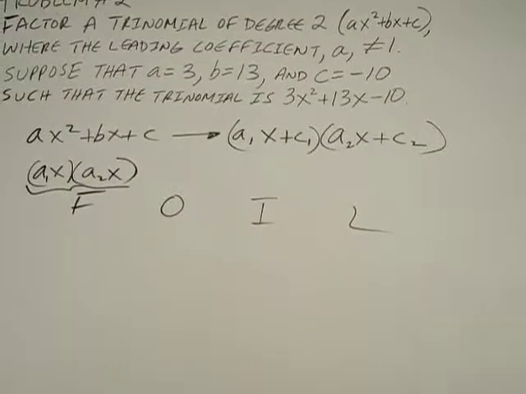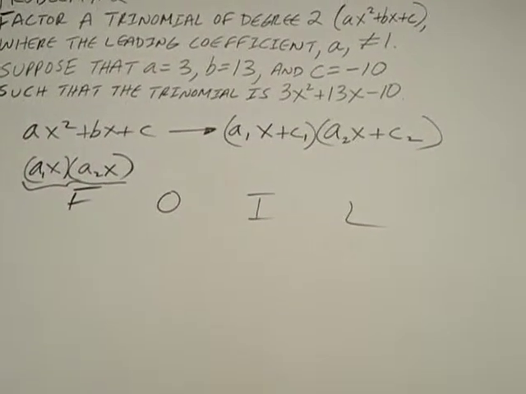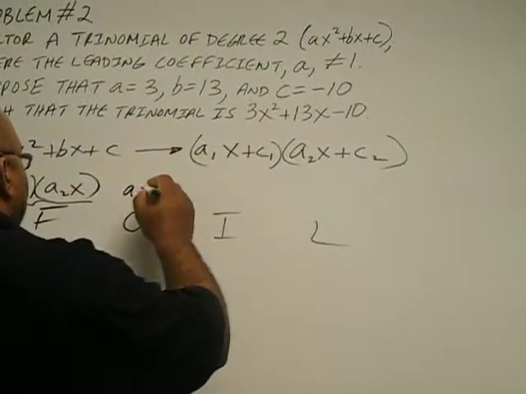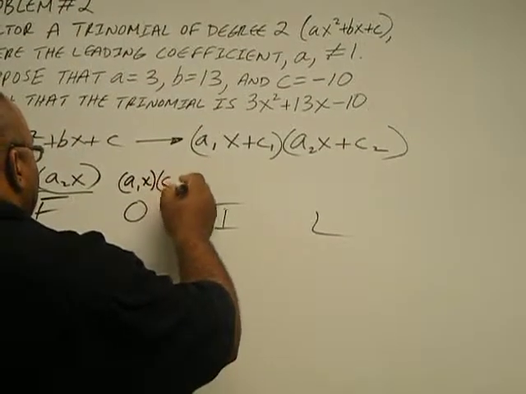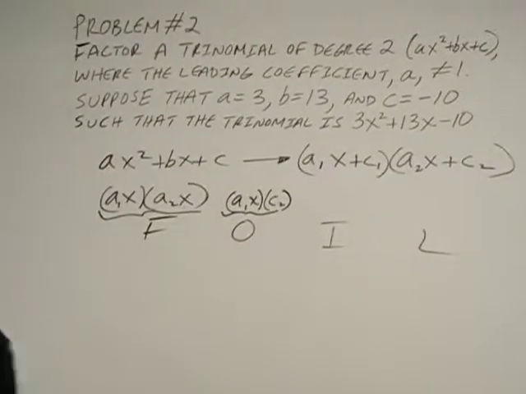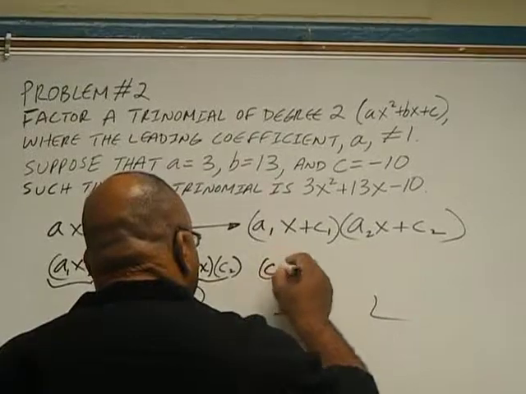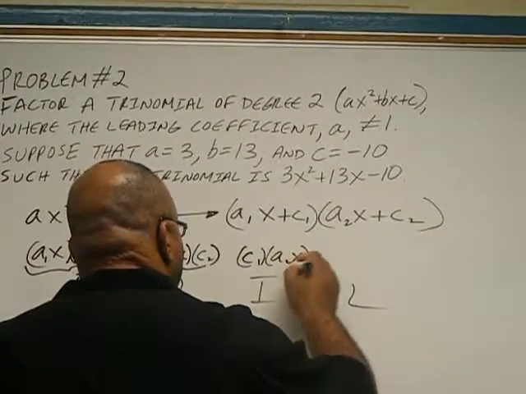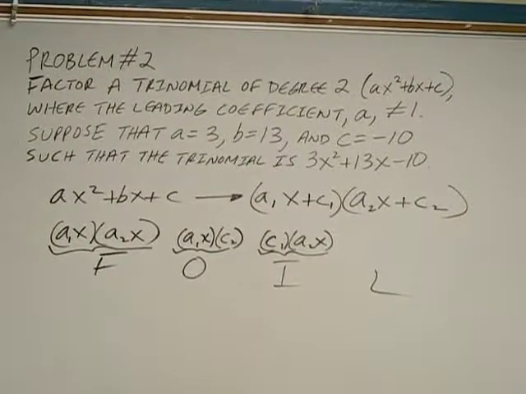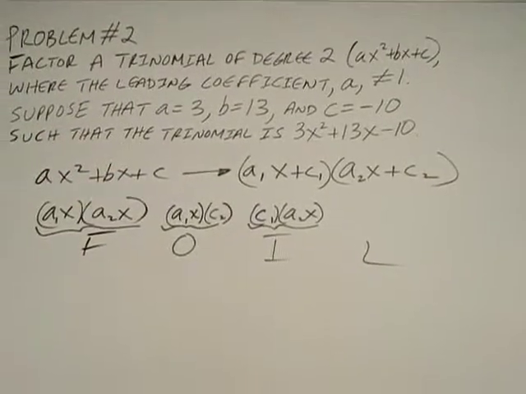The O will be the outside terms. That's going to be the a1x times your c2. The inner term is going to be the c1 times the a2x. And then, of course, the last term is going to be the 2 last values, which is going to be c1 and c2.